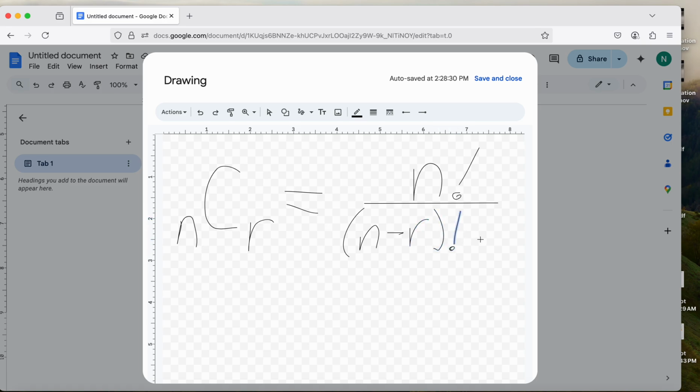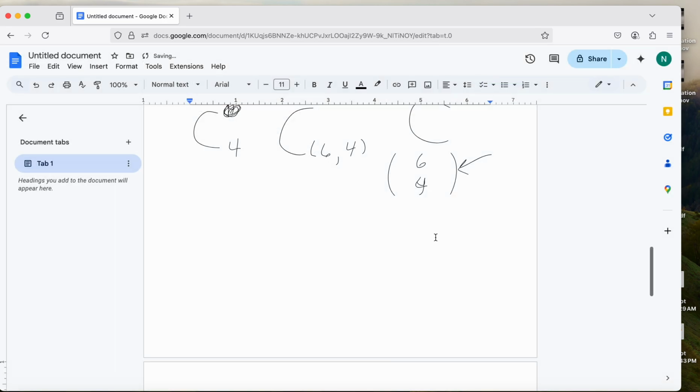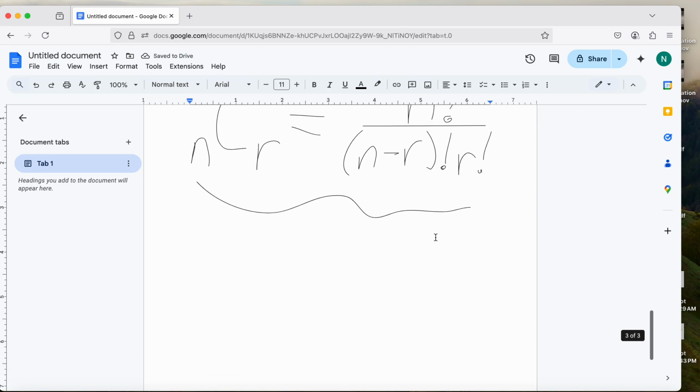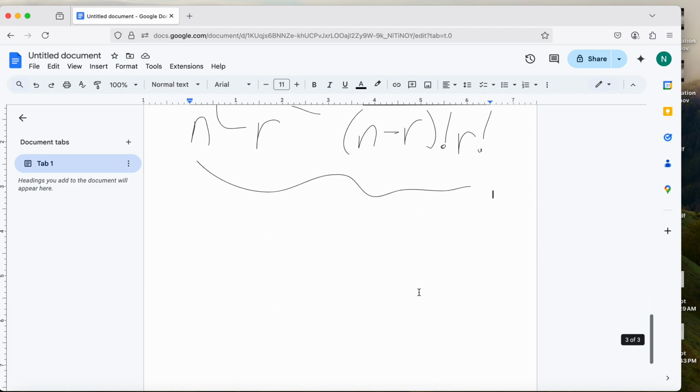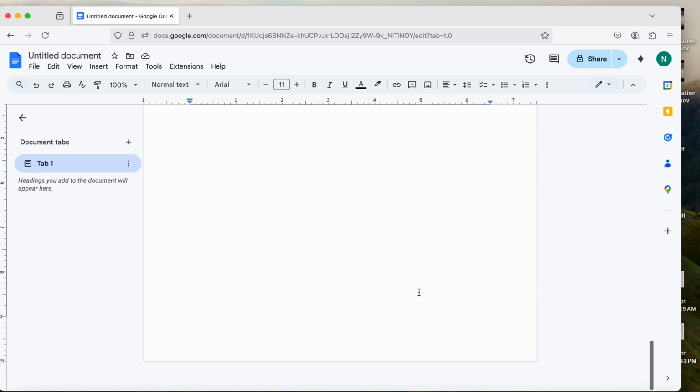And then remember, we've got to divide out the r factorial orderings of r objects. And so this is the formula to get you groups. The one up here is the formula to get you the groups as well as the count of all the orderings that can occur. All right, so that's the difference between the two.